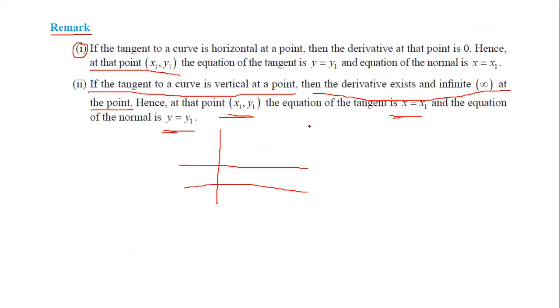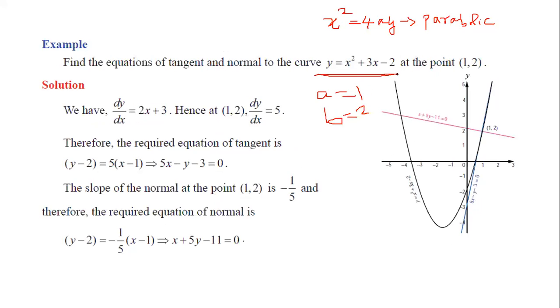First we have to find dy by dx for the given equation. Then you have to substitute that point (1, 2) in the dy by dx at (1, 2). Then you substitute the values: y minus 2 equal to 5 into x minus 1. That means 5x minus y minus 3 is the equation of the tangent.